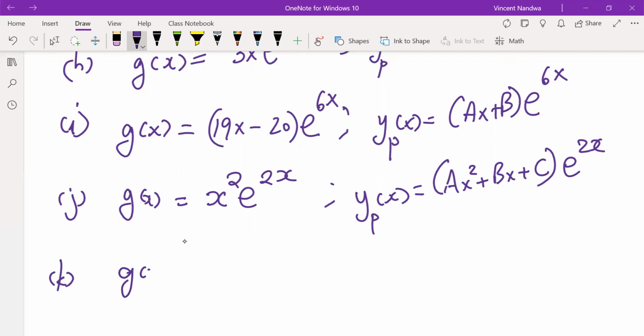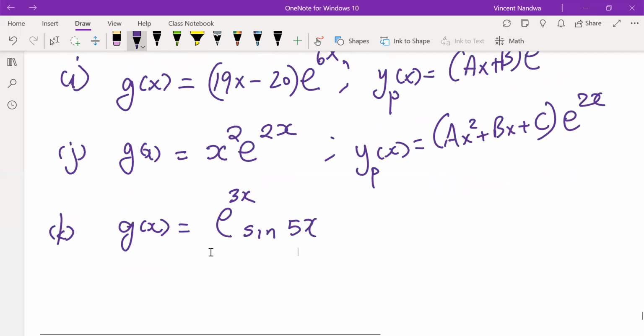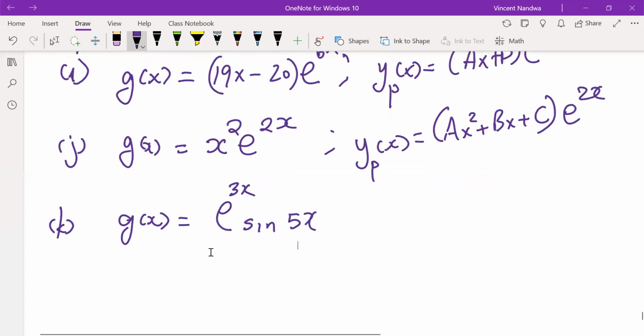K, if g of x is given by e raised power 3x sine of 5x. Now, this is a product of exponential and sine. So exponential has no problem, but the sine requires a linear combination of cosine and sine.